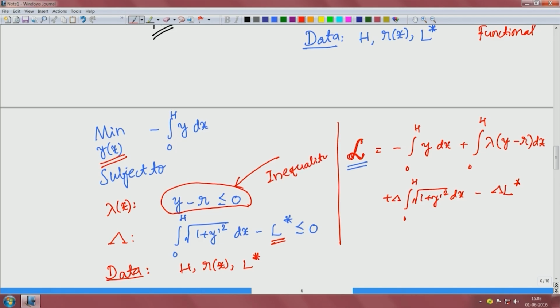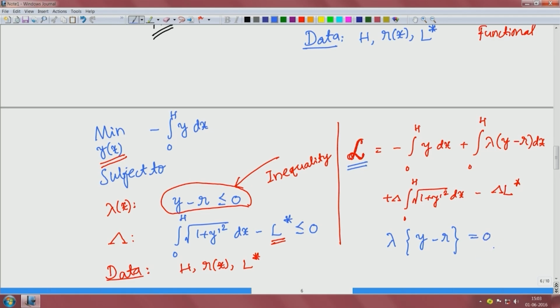When you have inequality, if you recall what we had discussed in one of the earlier lectures dealing with finite variable optimization, we write what is called the complementarity condition, that says lambda times y minus r is equal to 0.